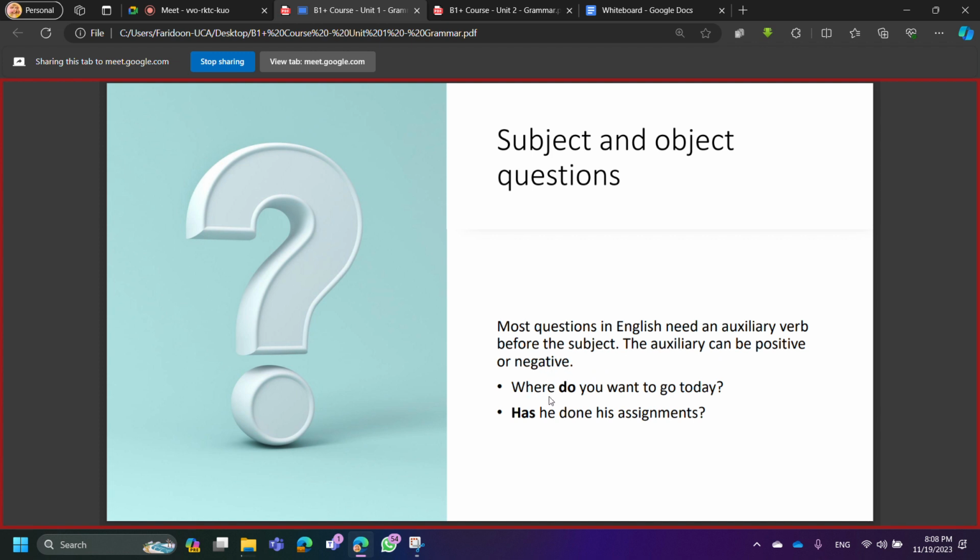For example, where do you want to go today? Here, do becomes the auxiliary verb. Or even a normal yes/no question: has he done his assignments? Once again, I'm using an auxiliary verb. So you have it in most questions.